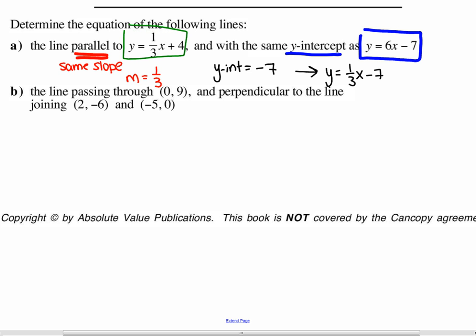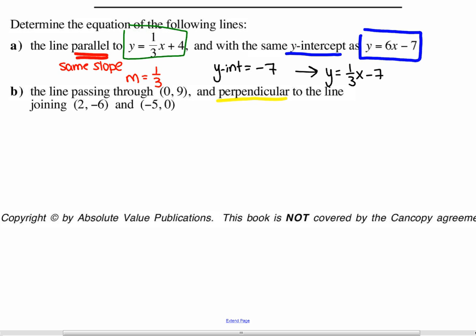Determine the equation of the following. A line that passes through (0, 9) and is perpendicular to the line through these points, (2, -6) and (-5, 0). Okay, so when you hear the word perpendicular, we need to find what with that? What's relating the two lines if they're perpendicular?